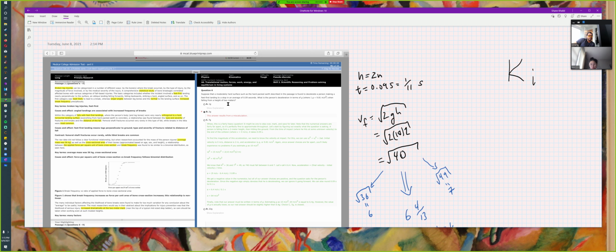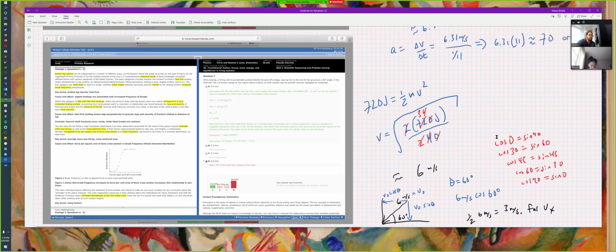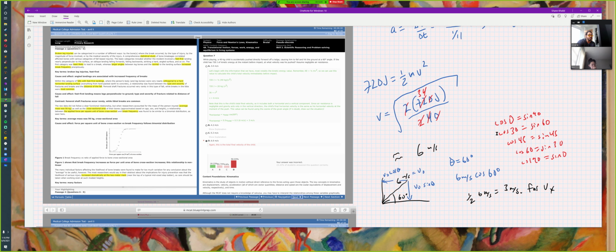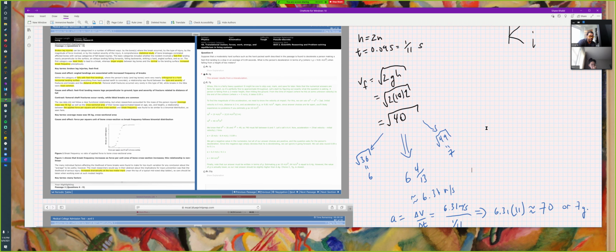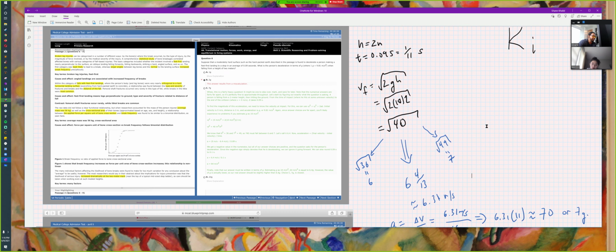When he hits the ground, there's no more potential energy, so all of that is converted into kinetic. Okay, that makes sense. So that's how you do that problem.